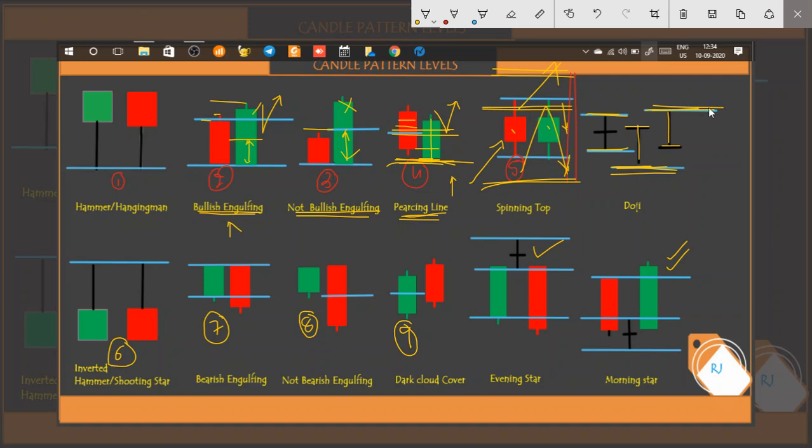So how to trade these setups? If you spot these dojis in a market, what you need to do is wait till the market breaks this level. If it comes back to the level and gives you any candlestick signals, then you can trade in the direction of the trend.